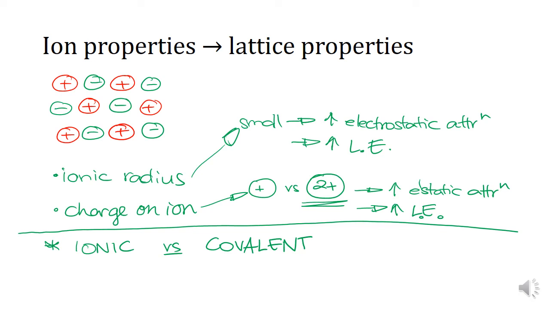So there are some ionic lattices that do not fit those two trends that we just talked about, ionic radius and the charge on the ion. And that's because instead of one atom giving up its electrons to the other, they kind of share them in a very polar covalent bond. So there are some outliers here, and it's because, of course, nothing is ever that simple. It was never going to be as simple as ionic versus covalent.